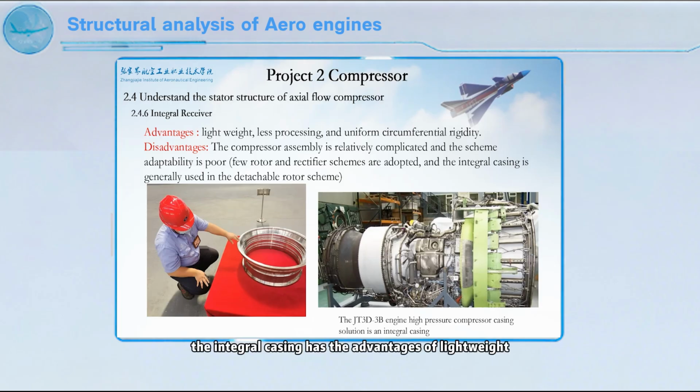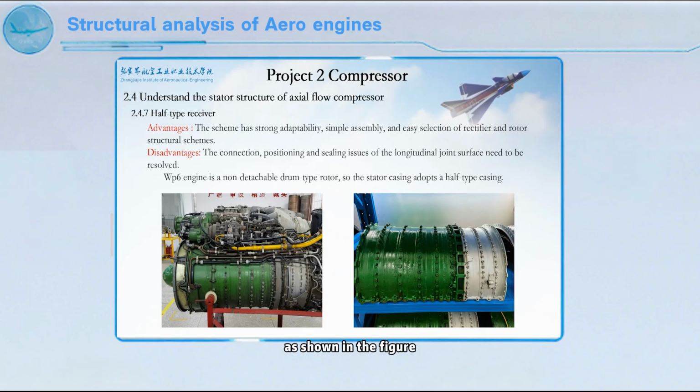The integral casing has the advantages of light weight, less processing, and uniform circumferential rigidity. However, the compressor assembly is relatively complex, the scheme adaptability is poor, and there are few rotor schemes and rectifier schemes that can be adopted. It is generally used for the removable rotor solution.